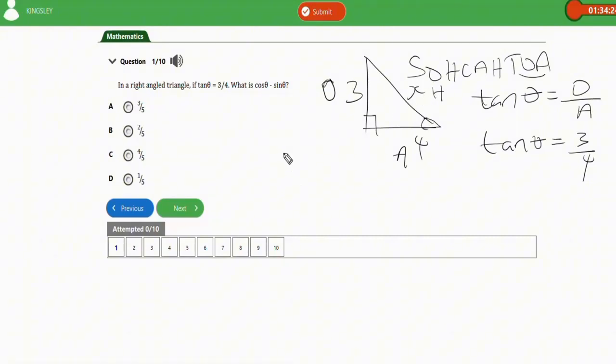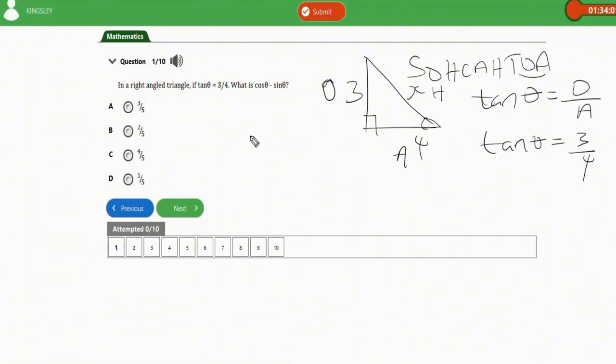Now to get the hypotenuse side, we're going to apply Pythagoras theorem, which states that in a right angle triangle, the square of the hypotenuse equals the sum of the squares on the other two sides of the triangle.